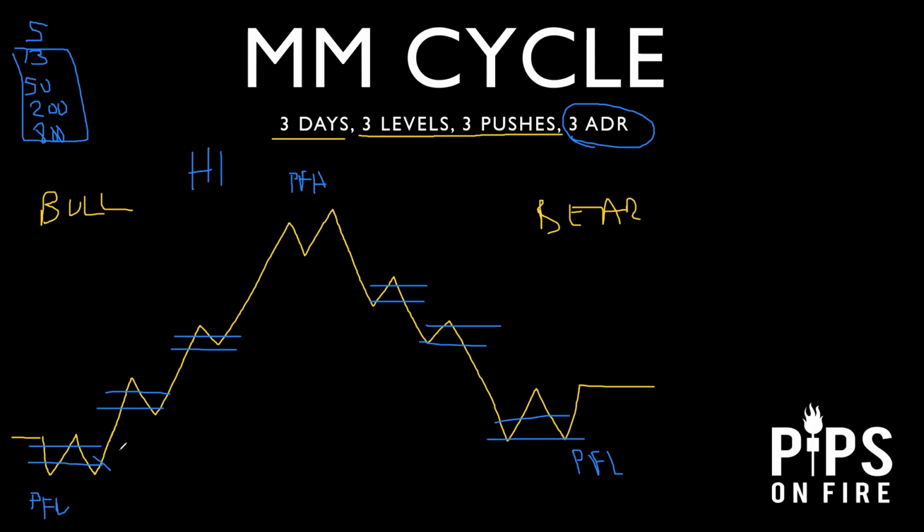Okay. So down here, you will typically see the 5 and 13 cross. This is level 3 down here, guys. All right. And then let me change the color.